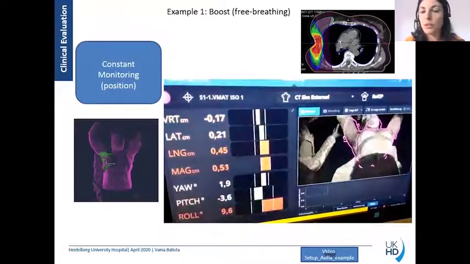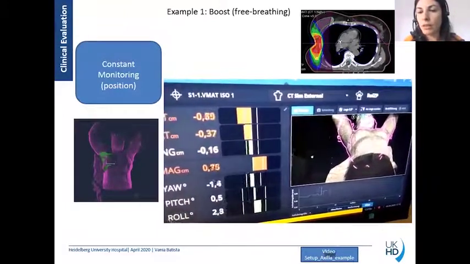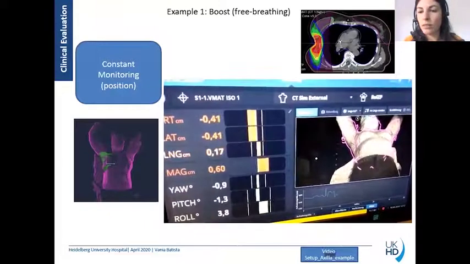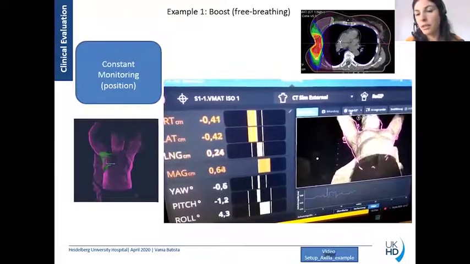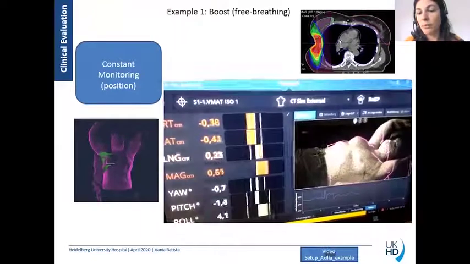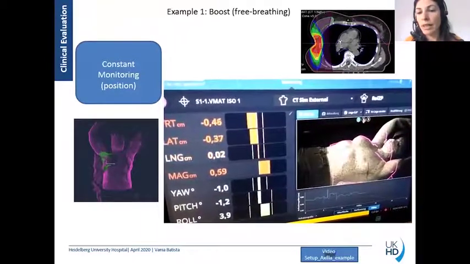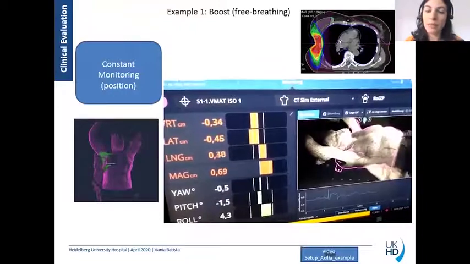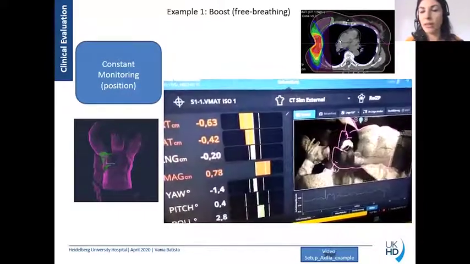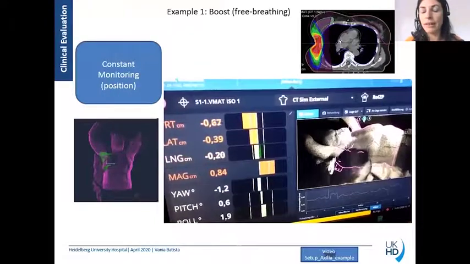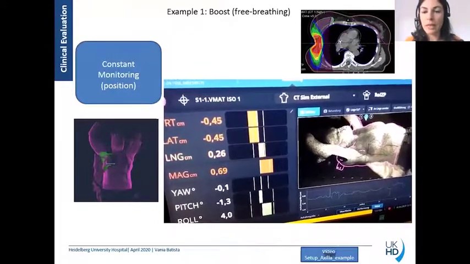So you have the real-time information, as you see, and the RTT can change in the software between the three different camera directions. For example, in this case we want camera 2, the camera from the side where you have the tumor, and this is the side that is important to match.